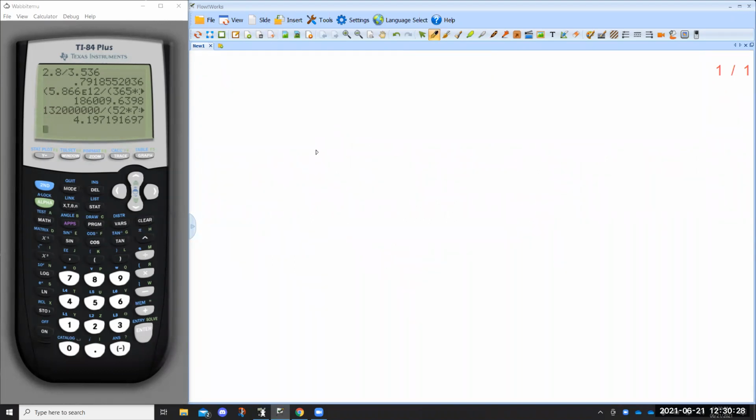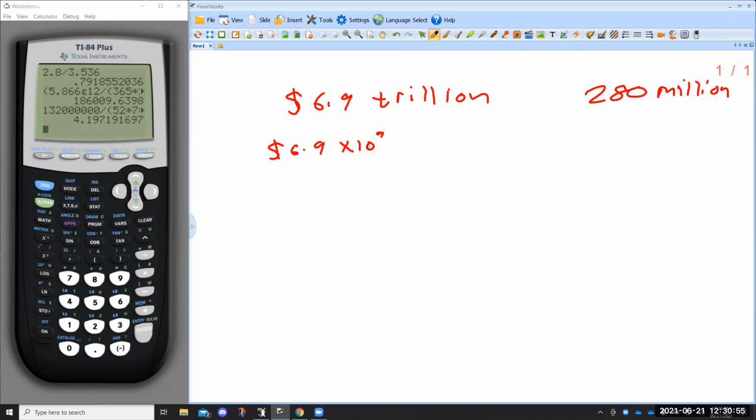All right. And national debt was about $6.9 trillion in 2003. Express the quantity as the number of dollars per person, assuming that the US population at the time was 280 million people. So we've got 6.9 times 10 to the 12th dollars divided by 280 times 10 to the 6th people.